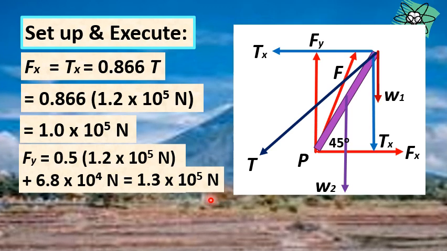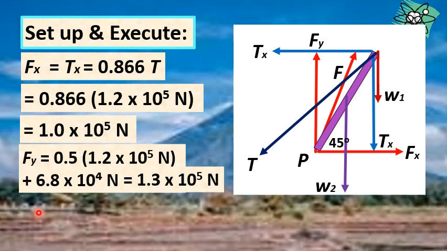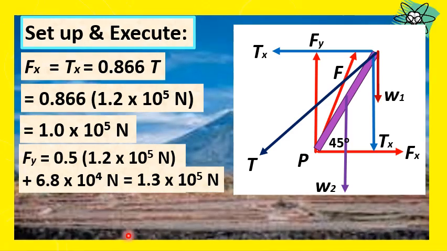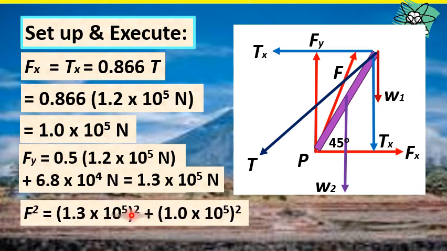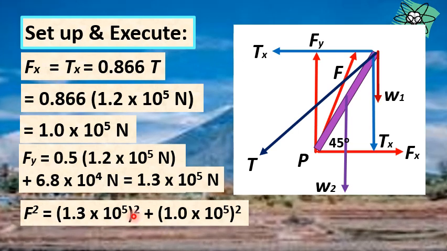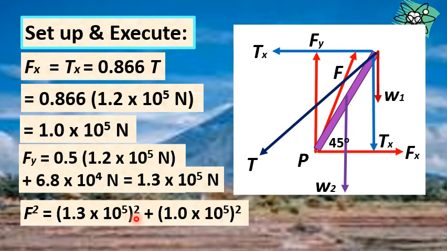So now, we can apply the Pythagorean formula to determine the magnitude of the force F. The square of the force F is just equal to the sum of the squares of Fy and Fx.